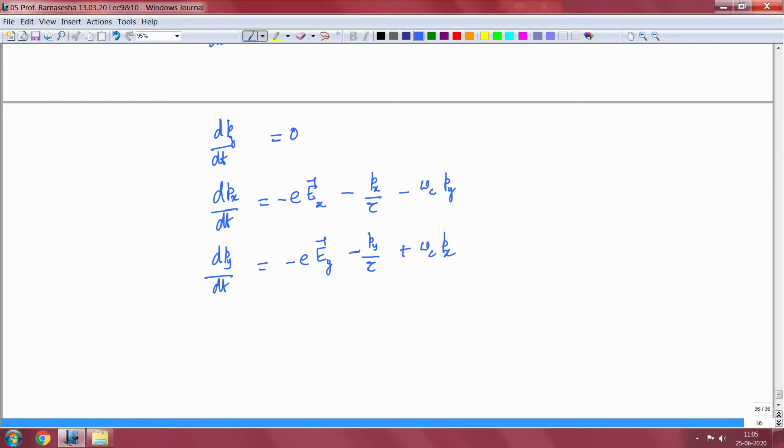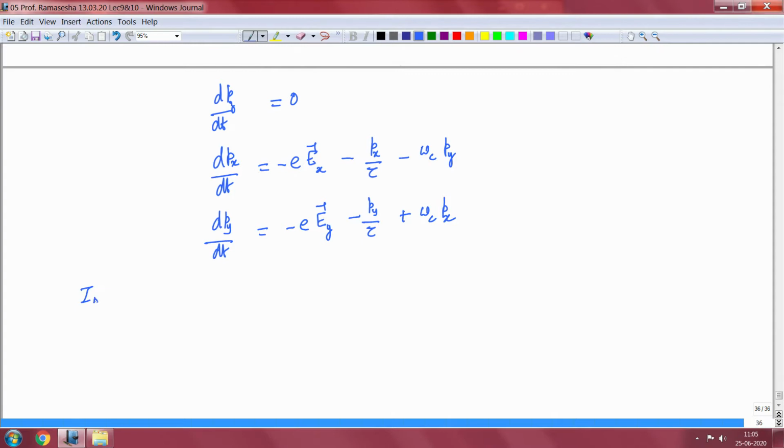Given this, we will look at the steady state. In the steady state there is no current flowing in the y direction, and we have dpy by dt equal to 0, and dpx by dt is also equal to 0.